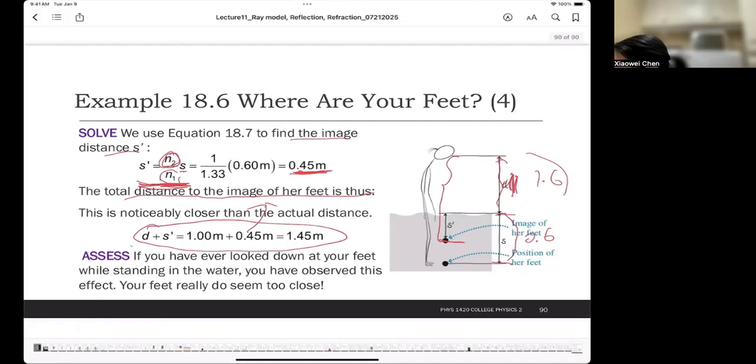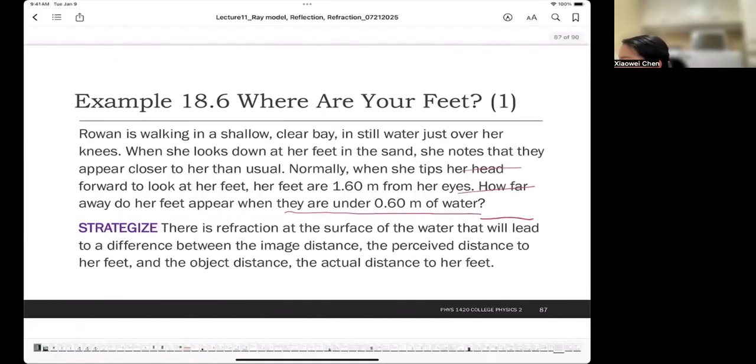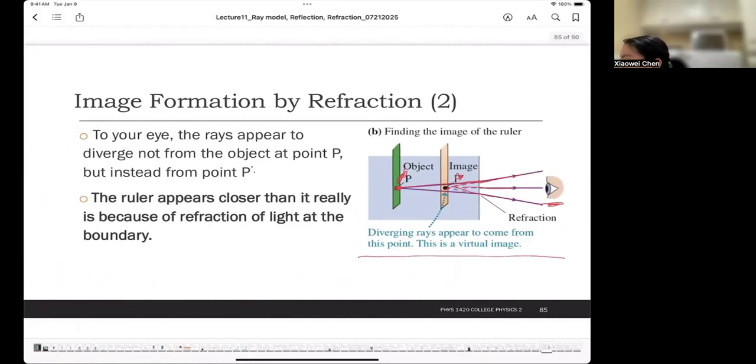Okay, this is what we talk about in this class. We mainly focus on the ray model of light, reflection, refraction, and image formation.